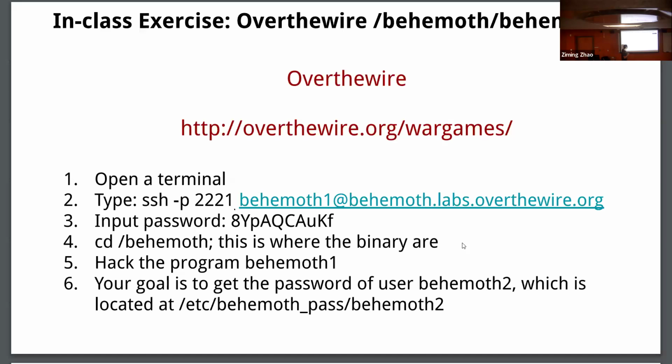So the system is designed this way. There's no flag. You are just getting the next level user's password, and the passwords are placed in this folder, /etc/behemoth_pass, under the name of that user.